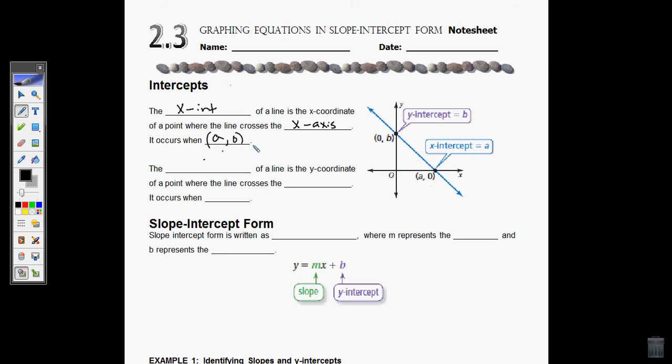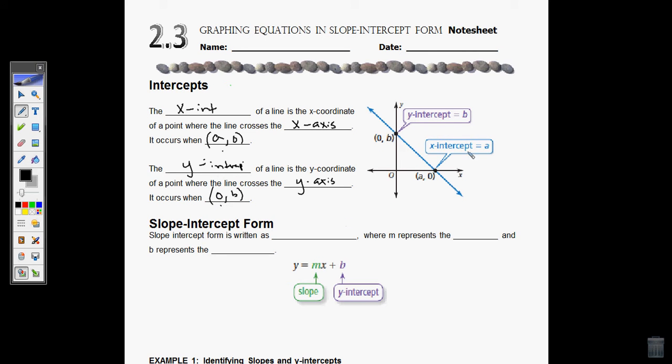Okay, it occurs when Y equals 0 at this particular point. The same thing is true for the Y-intercept. It is the Y-coordinate of a point where the line crosses the Y-axis, and it occurs when X equals 0. So it's a coordinate of the form 0, comma, some number.